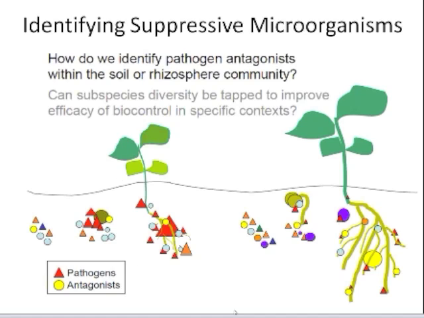And by using molecular methods that I won't go into in detail, we're able to assay the community profiles of the healthy and diseased plants to figure out which antagonist populations were promoted by the use of the mixed hay cover cropping.